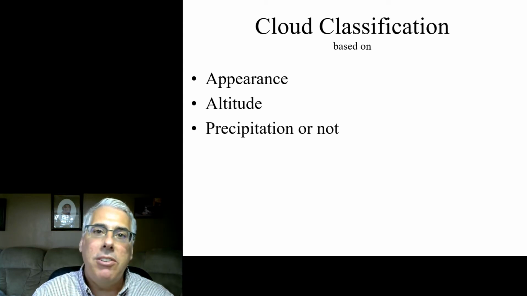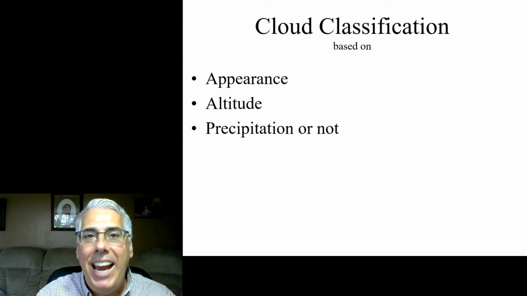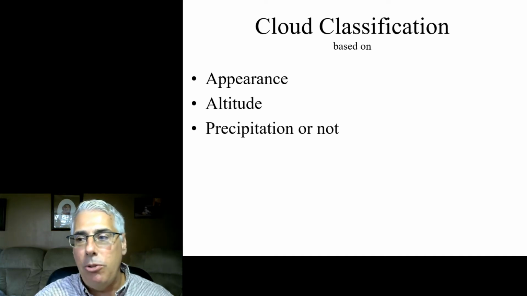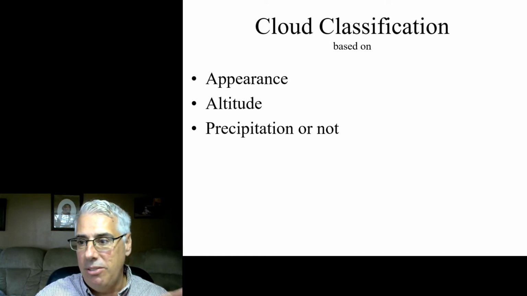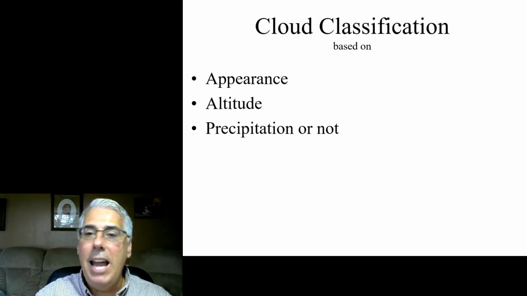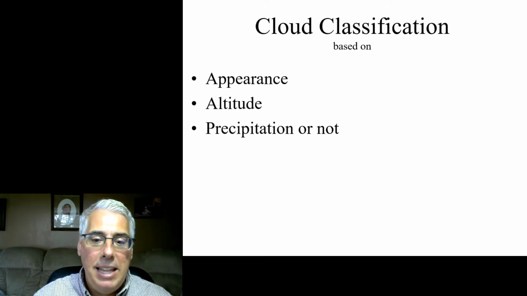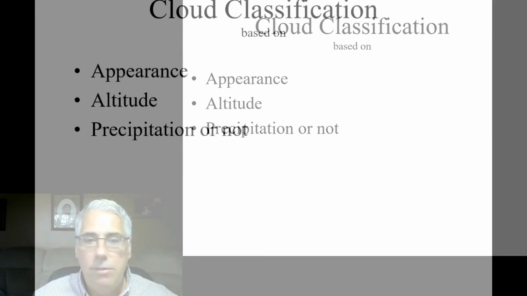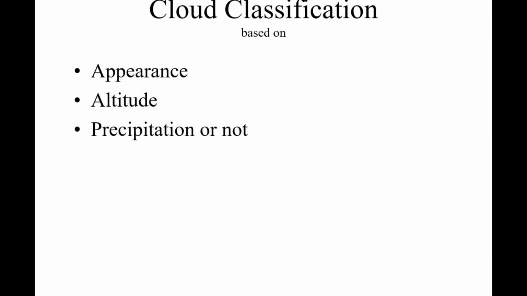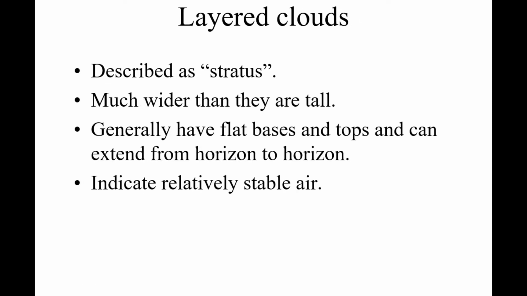He came up with the system of identifying clouds back in 1803, and he used Latin names. Medicine and science back then used Latin very commonly, and it was based on appearance and the altitude of the clouds. So it is based on appearance, altitude, and then whether it's precipitating or not. We added that a little bit down the road.